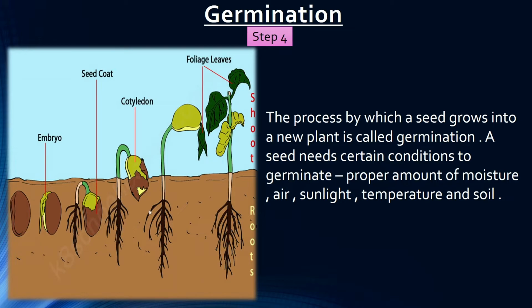The shoot starts forming foliage, or leaves. The leaves prepare food for the plant by photosynthesis and help it grow bigger. Once again, the whole process, that is flower to fruit, fruit to seed and seed to new plants, is repeated.